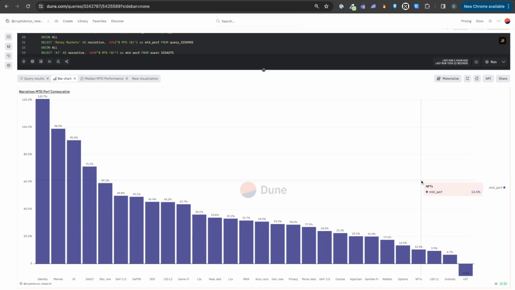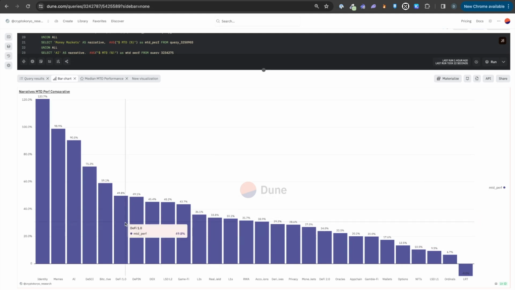So if you're into NFTs, you might think, okay, actually the market is in general going up, but NFTs are not yet outperforming. So maybe there are some cheap opportunities, some cheap NFTs that I could buy and just hold, waiting for NFTs to wake up and start outperforming.